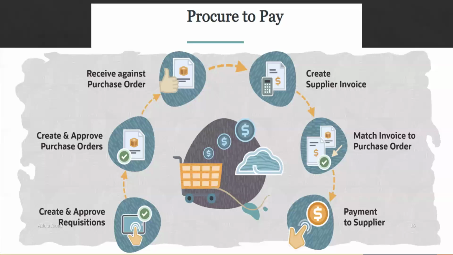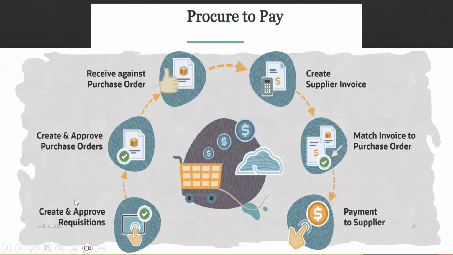Then the P2P process will start. First, find out the requirements. Whatever raw materials we need to manufacture the thousands of bikes, we need steel, spare parts, tires, and plastic items from other suppliers.